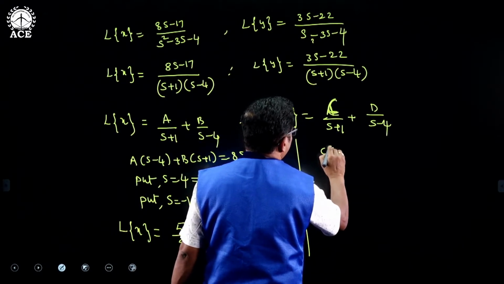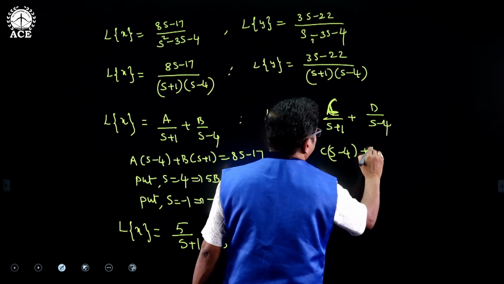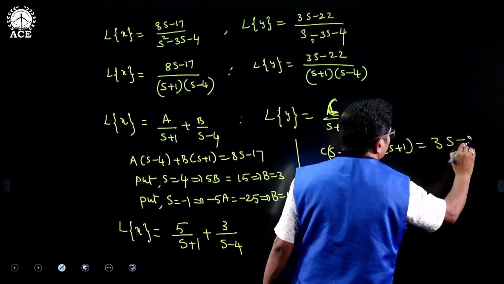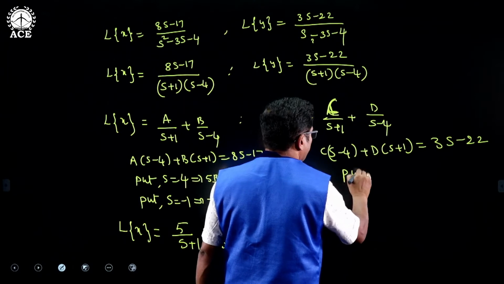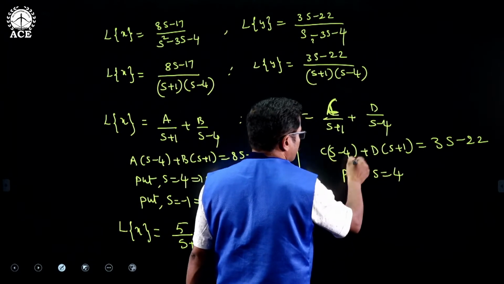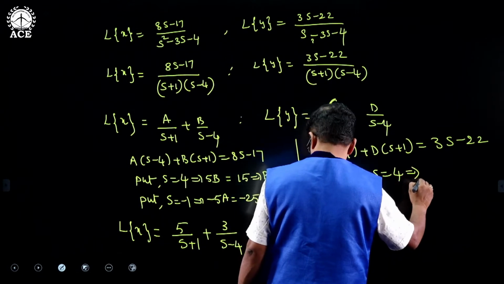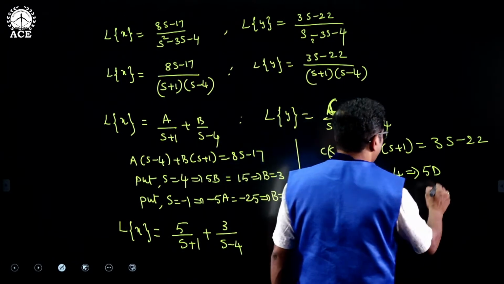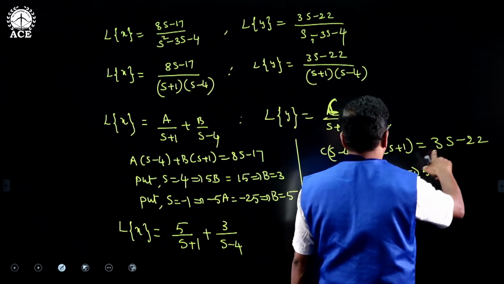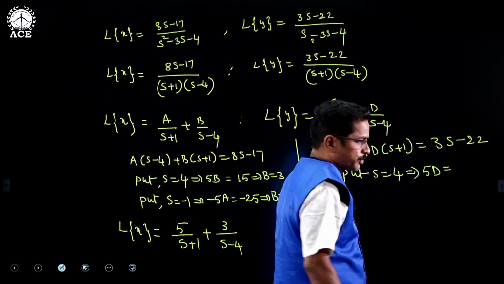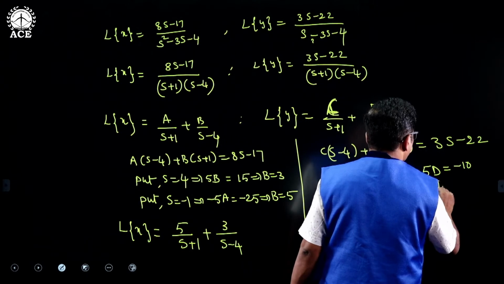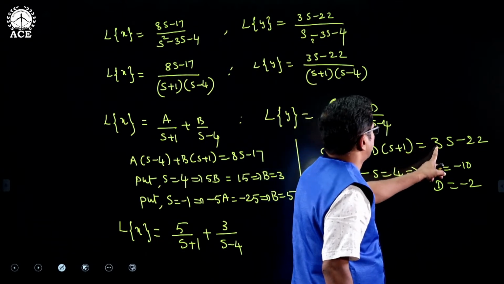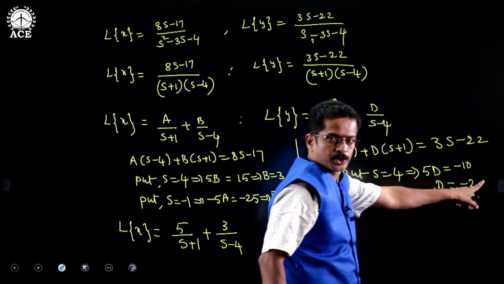Similarly for this one, c into s minus 4 plus d into s plus 1 equals 3s minus 22. Put s equal to 4, then the first term is going to be 0, and 5d equals 3 into 4 is 12, 12 minus 22 is minus 10.